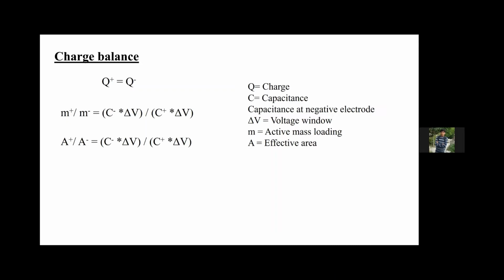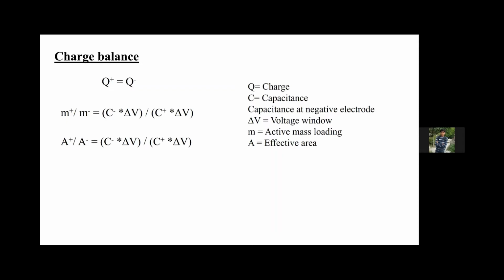Based on this formula, if we want to calculate the mass specific capacitance, that means how much amount of material we deposited, then we need to calculate the mass balance, and based on the positive and negative electrode capacitance and the voltage window, we can get how much mass we can use in the positive electrode and also in the negative electrode, so that it can show the best performance.